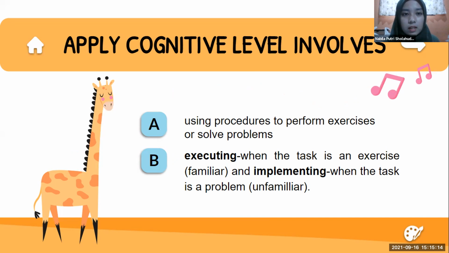So in this cognitive level, students have to apply a procedure in solving problems or exercises. There are also two cognitive skills, executing when the task is an exercise or familiar, and implementing when the task is a problem or unfamiliar.